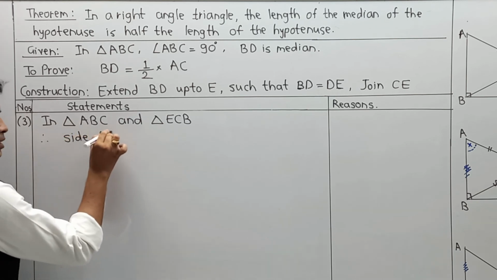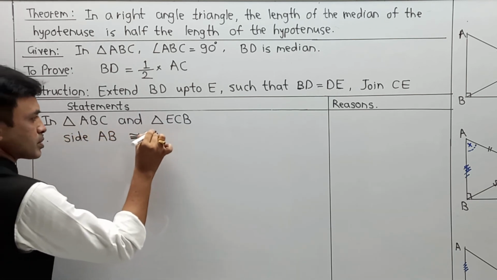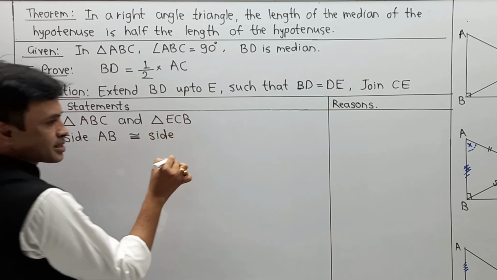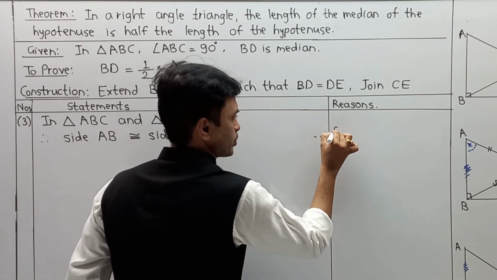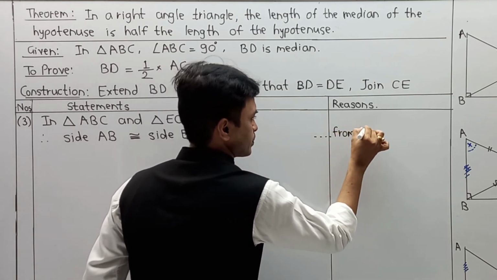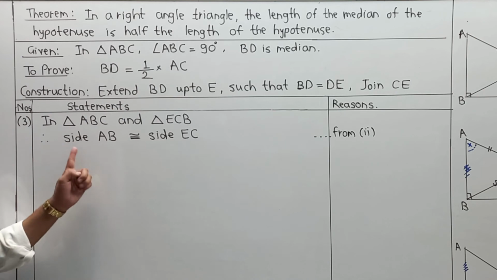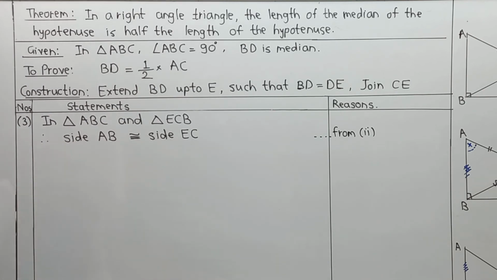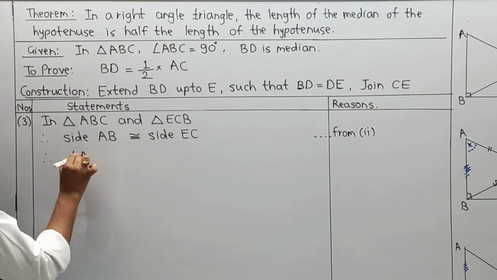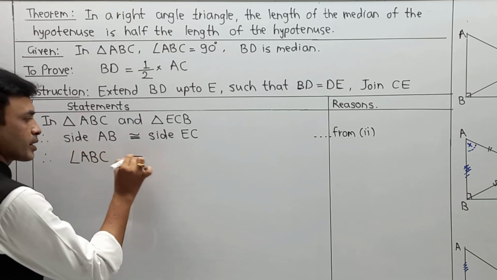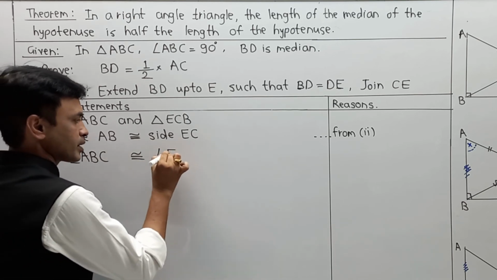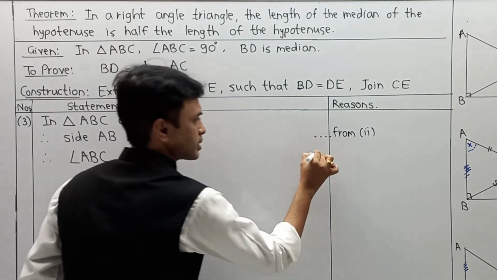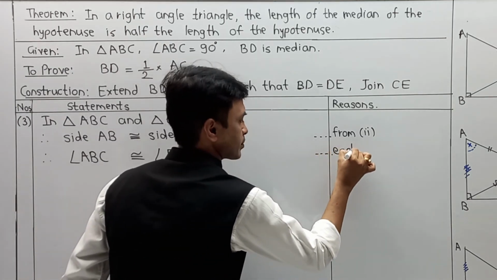Side AB is congruent to side EC from equation 2. As side AB is congruent to EC, second part, angle ABC is congruent to angle ECB, reason: each 90 degrees.